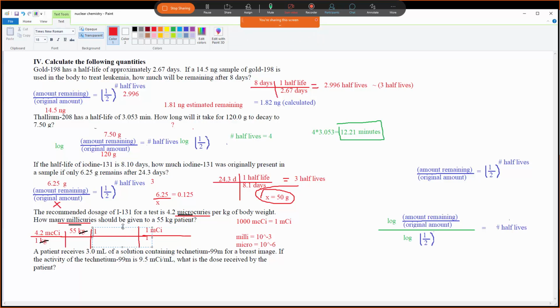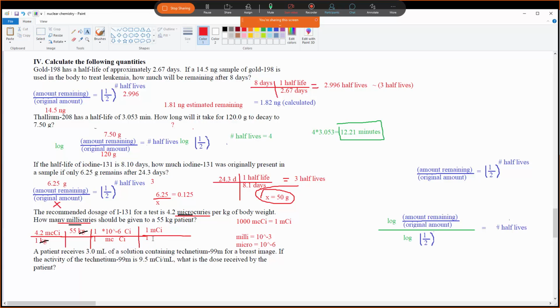All right. 1 curie is equal to 1 curie. And we said micro is equal to 10 raised to the negative 6. That's how I'm going to remember what goes where, right? I didn't follow my own directions. That's why I had a problem.